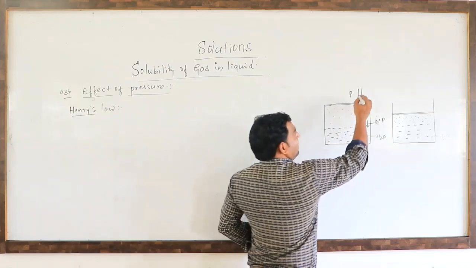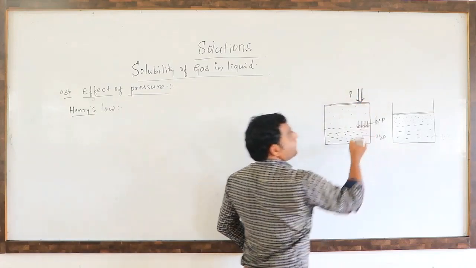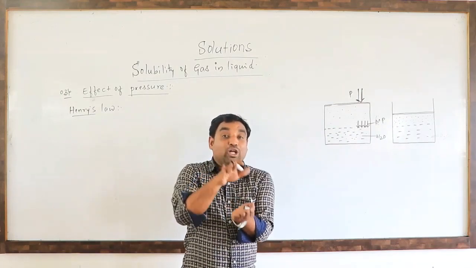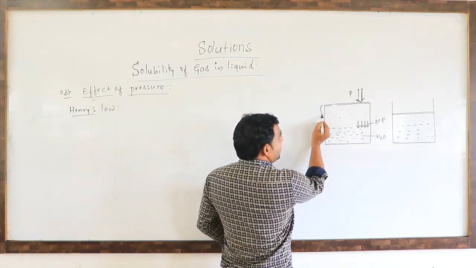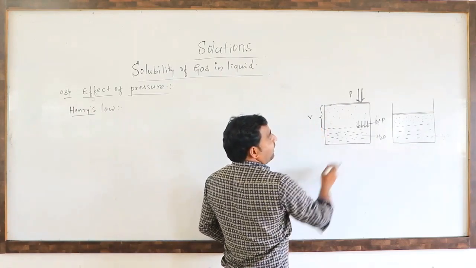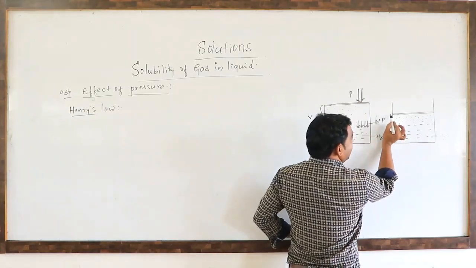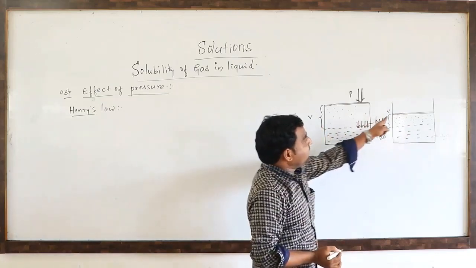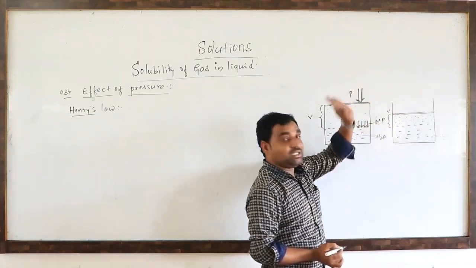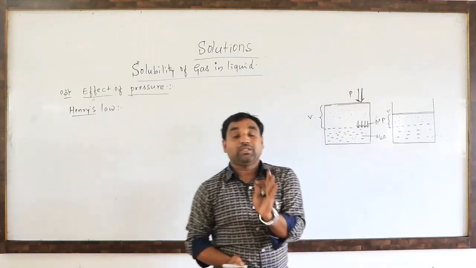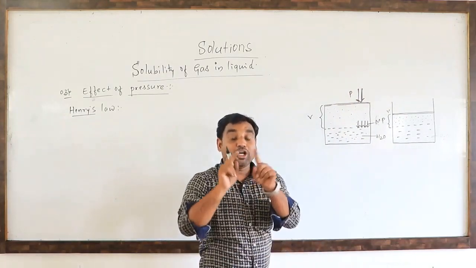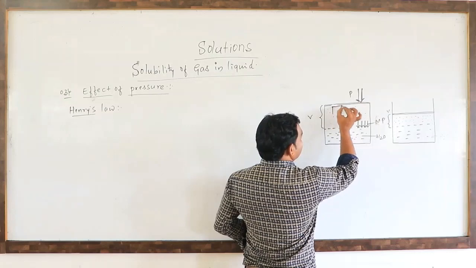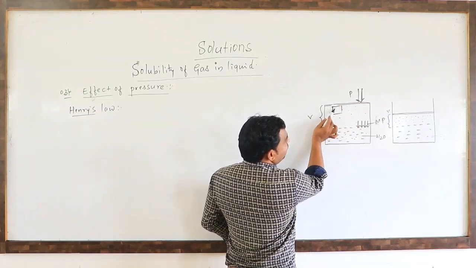So when we increase the pressure by compressing the gas to a smaller volume, here we have this much volume. When we increase the pressure, the volume of the container decreases. If you decrease the volume by increasing the pressure, the number of gaseous or vapor molecules per unit volume will increase. Take an example: per unit volume we have 2 vapor molecules.